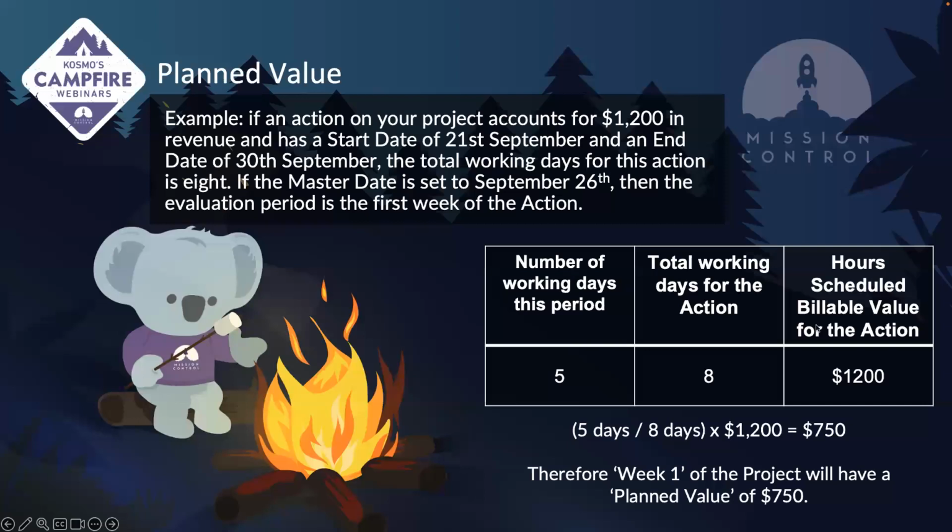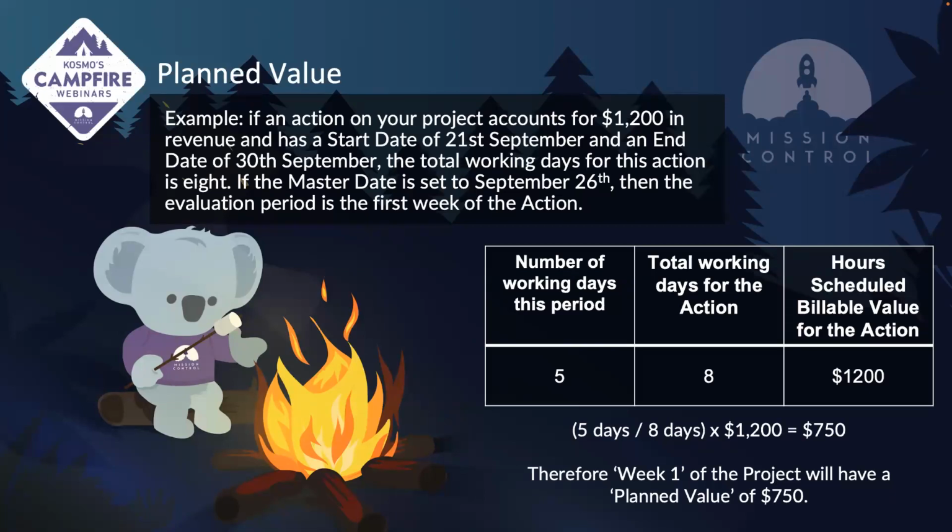So based on the hours scheduled billable value for the action, which is a total of $1,200, then I'm going to assume by the 5th working day, I should have $750 collected in revenue. So by the end of that first week, as my resource is logging their time, I should have a total of $750 of the total $1,200.